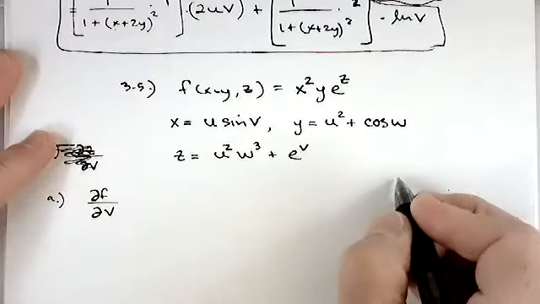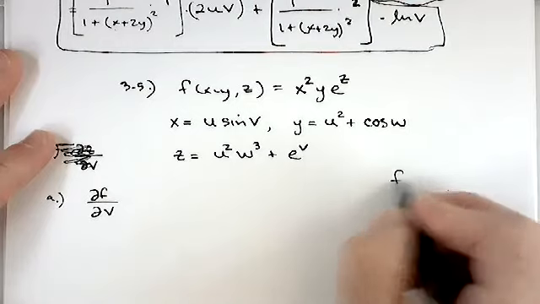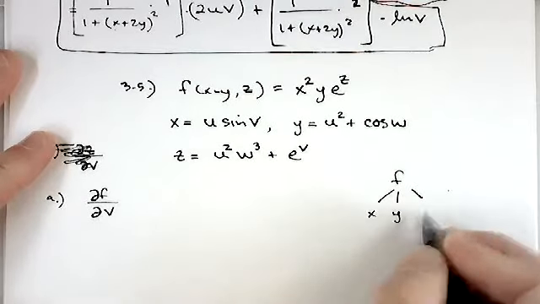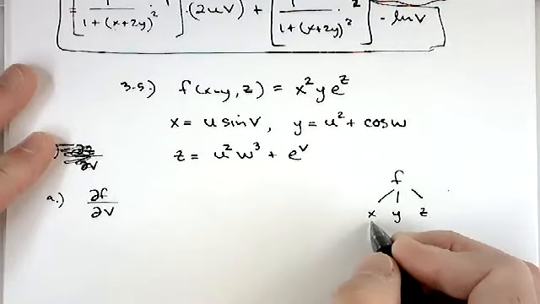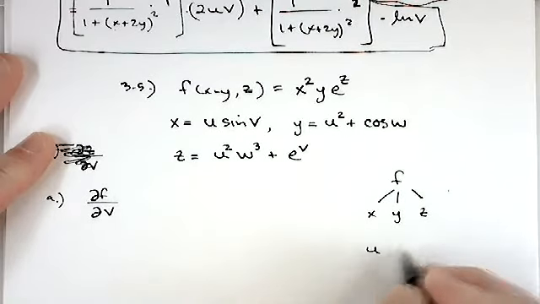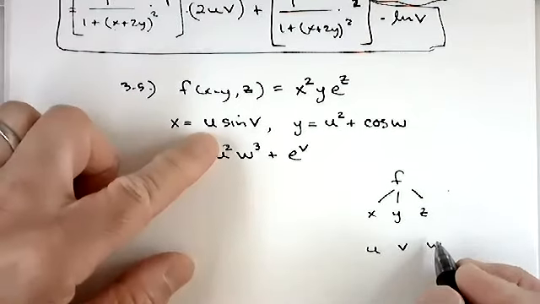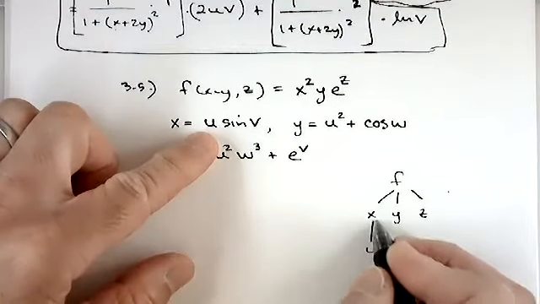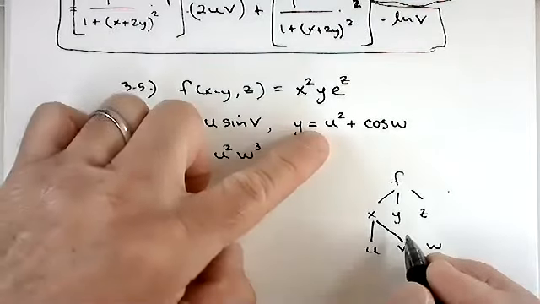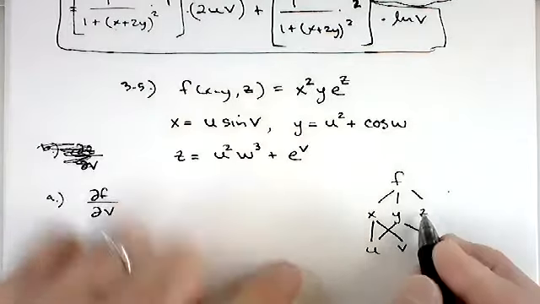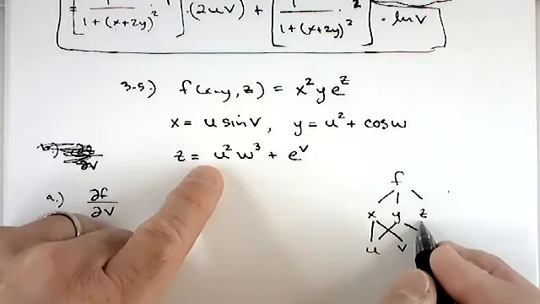So you should have something like this, like f is a function of 3 variables now, x, y, and z. I know there's 3 other variables, u, v, and w. X is only a function of u and v, however. Y is a function of u and w, and z is a function of all 3.